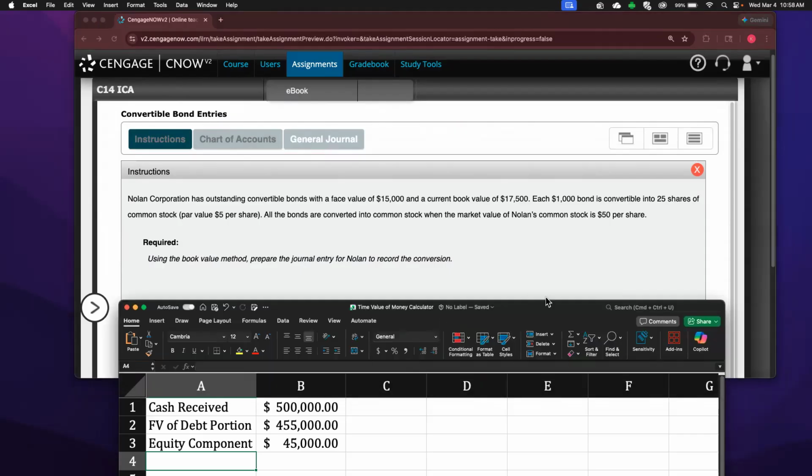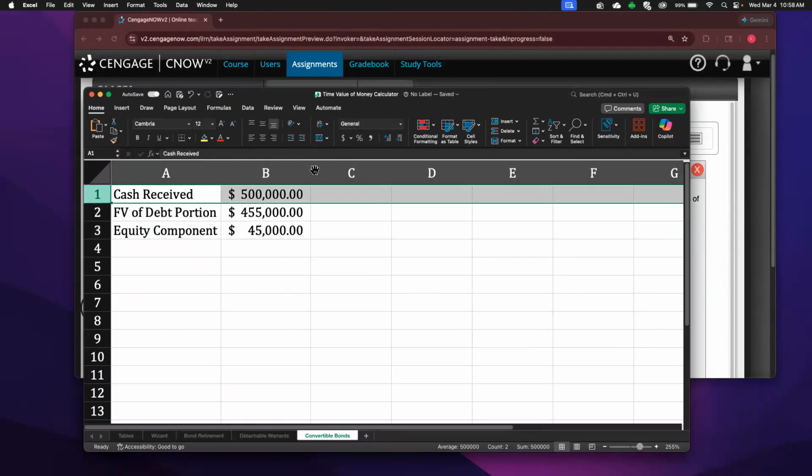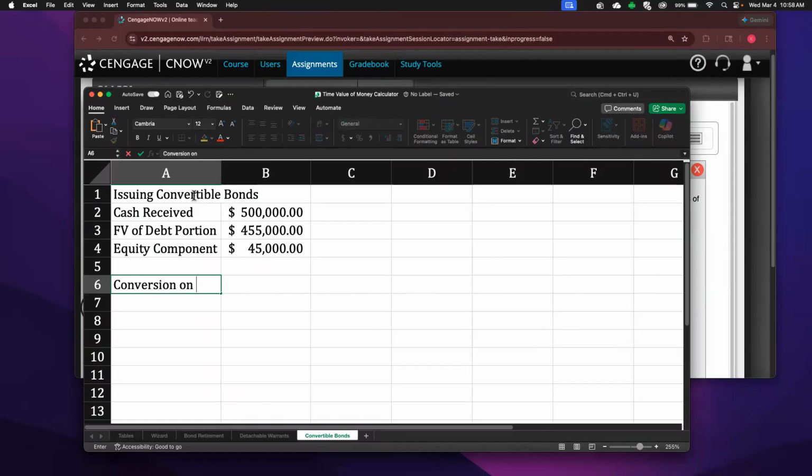So somewhere on our spreadsheet above this, we're going to turn this into a section that says issuing convertible bonds. Then we're going to have another section that says conversion on convertible bonds.